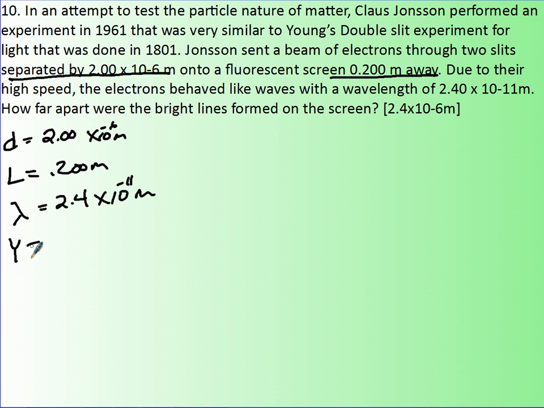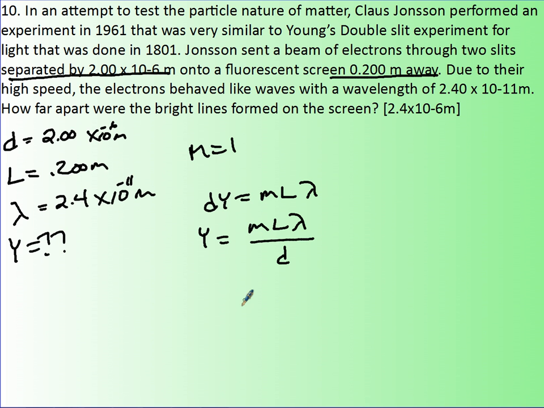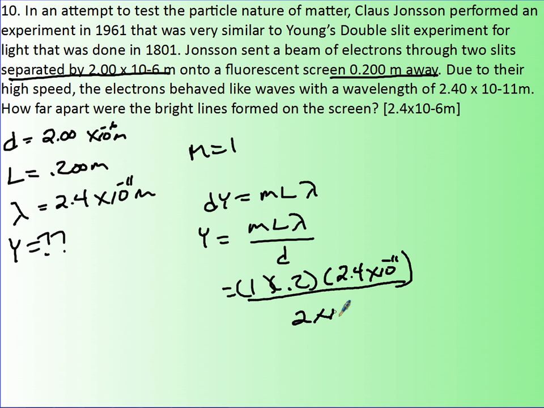All right, we're looking for y, where of course m is 1. So dy is m lambda L. We're looking for y, so y is m lambda L over d. So it's 1 times 0.2 times 2 times 10 to the negative 6 divided by d. Crud, messed up. Mind if I back up? Plugged in the wrong lambda. All right, lambda is 2.4 times 10 to the negative 11 divided by d, which is 2 times 10 to the negative 6.